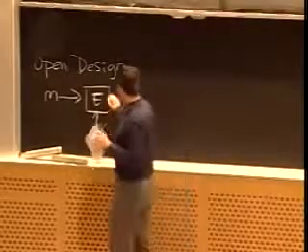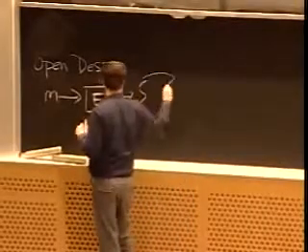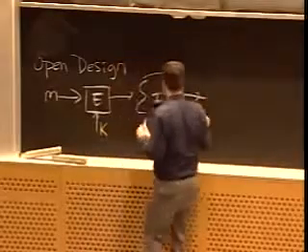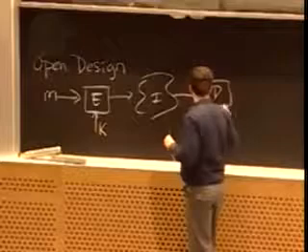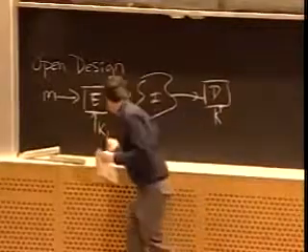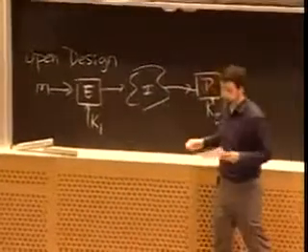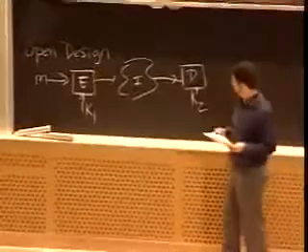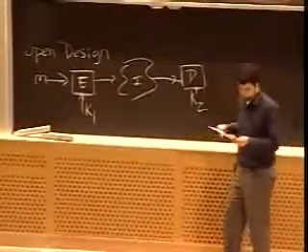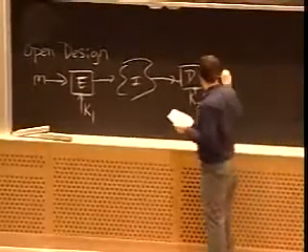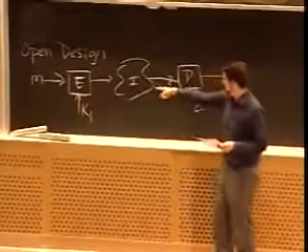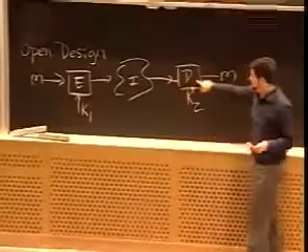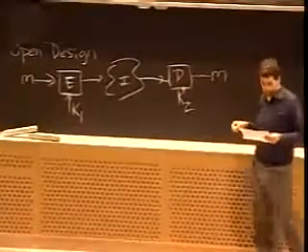This key is usually not known to the world. And now we go through the internet, and we come out to a decryption box, which also has a key going into it. These keys may or may not be the same on the two boxes, and we'll talk about the difference between making them the same or not. Now the message comes out. So the message comes in, gets encrypted, goes over the internet, goes into the decryption box, and gets decrypted.